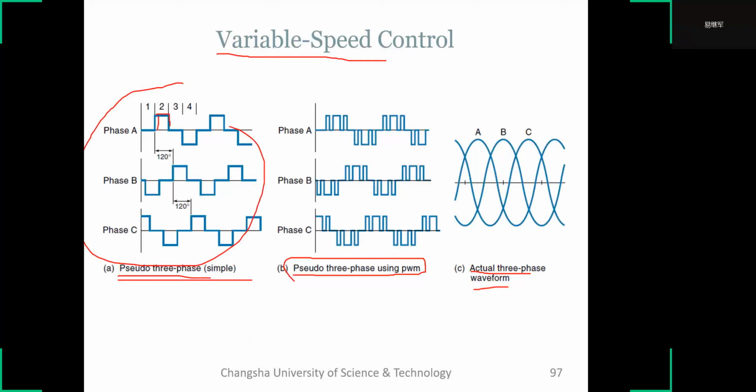If we control the PWM, we can control the average voltage of the three-phase voltage.